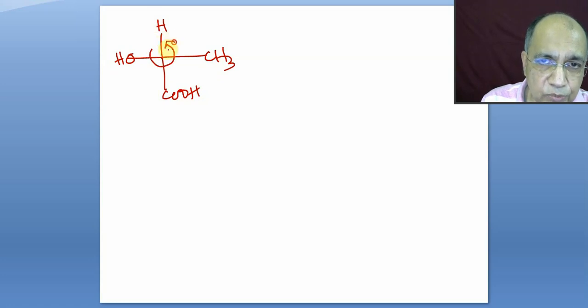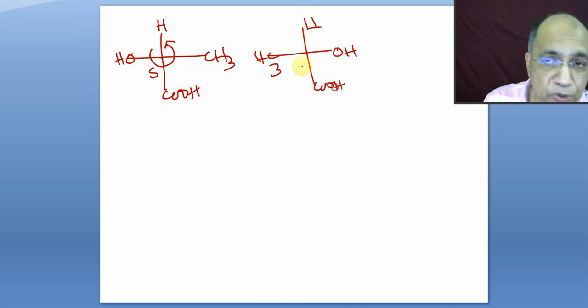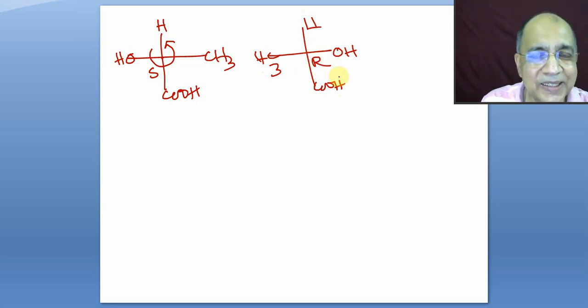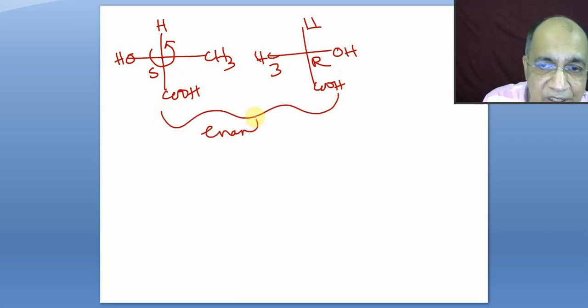So the rotation is anticlockwise, and this is S. And if you switch any two groups, you get its non-superimposable mirror image. The configuration of this will be the opposite. If this is S, this is R. So these are stereoisomers, and these are called enantiomers. These are mirror images of each other, and they are not superimposable.